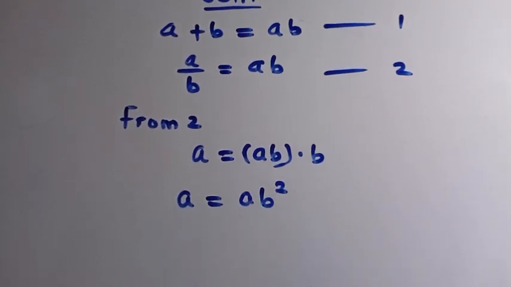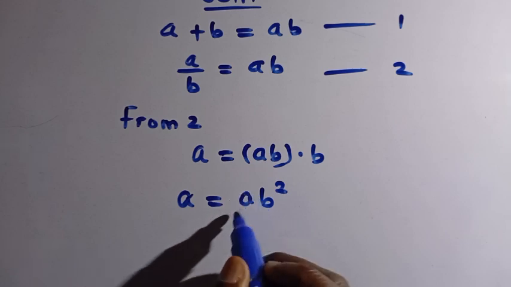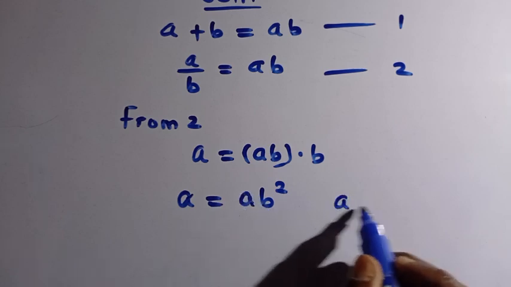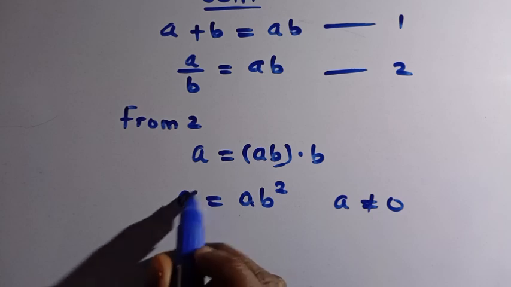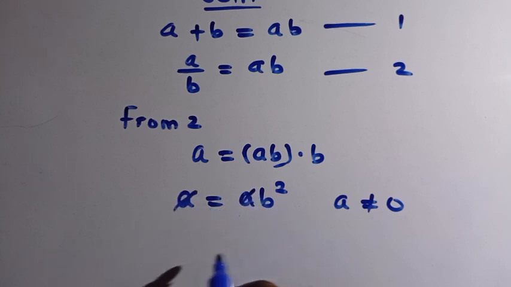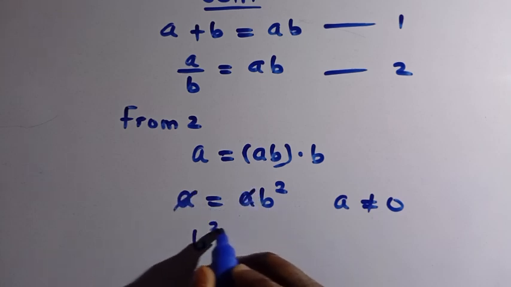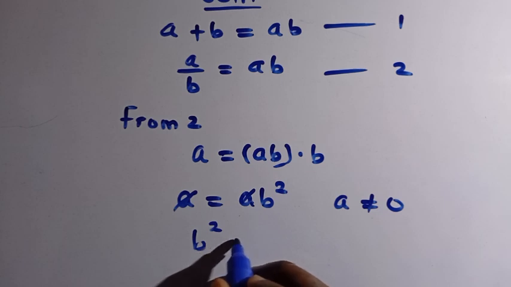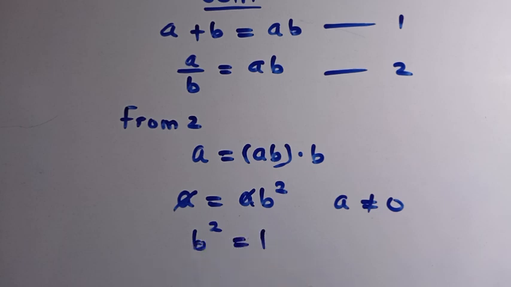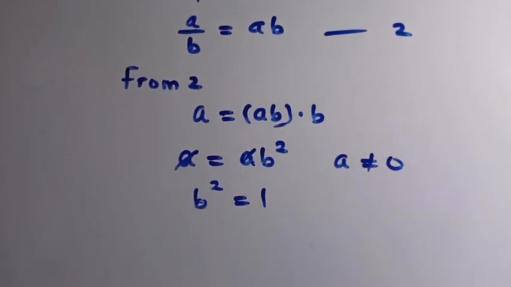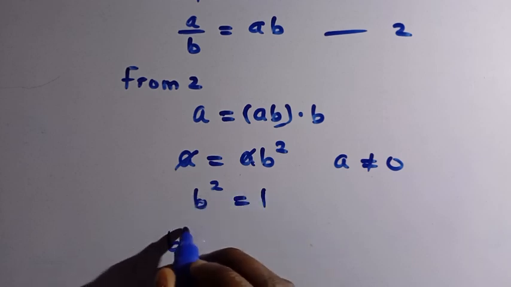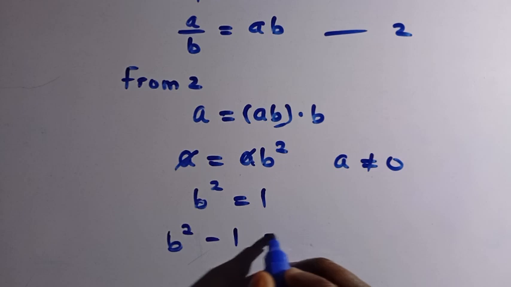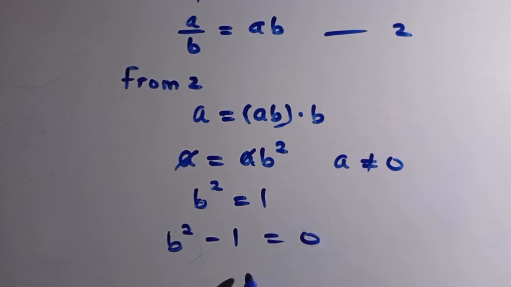And when we cancel a and a from here, because the value of a here is not equal to 0, this shows that we are going to have b squared equals 1. So if b squared equals 1, then let's take 1 to this side. We have b squared minus 1 equals 0.